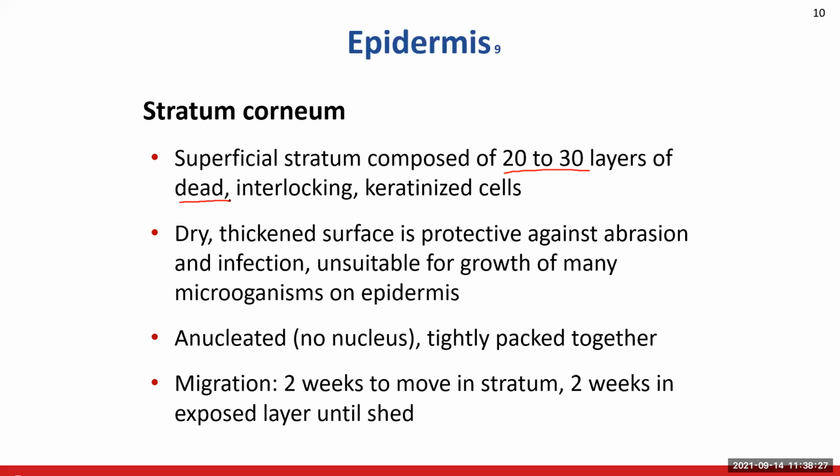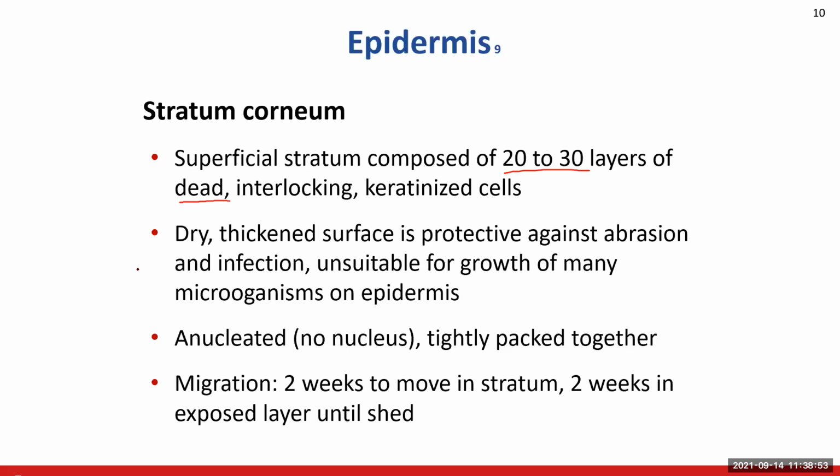So this layer is thickened and it's dry, which is good, because the dryness of the stratum corneum makes it more of a hostile environment for certain pathogens, certain bacteria, certain parasites. The thick portion helps with any type of mechanical stress or abrasion. So it's great in that regard.